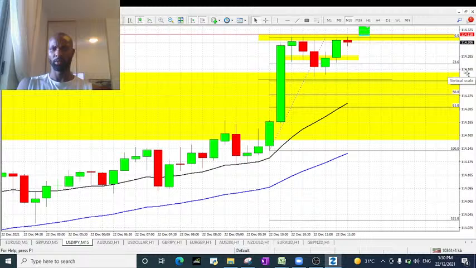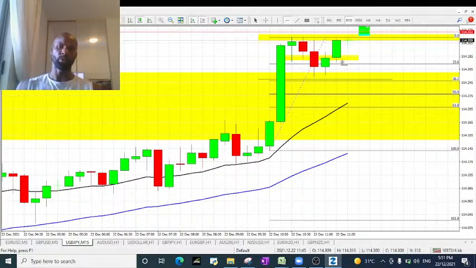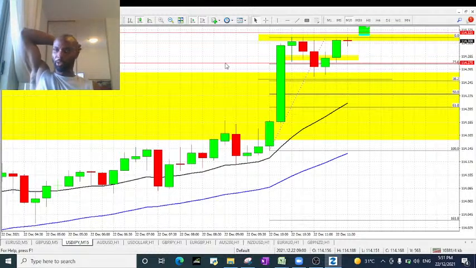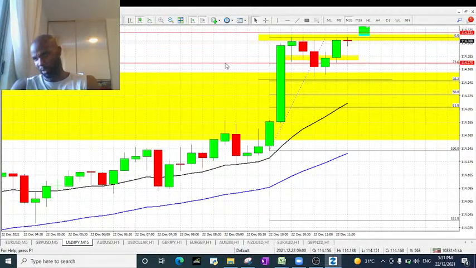Struggling to break. I might even have to scratch this trade once we start getting back to my entry. If I see the candle start coming down towards the low of this candle, man, I scratch, because we have 9 minutes anyway. Sometimes you don't get that push until the last minute, until the last maybe 5 minutes, 2 minutes. But let's see.